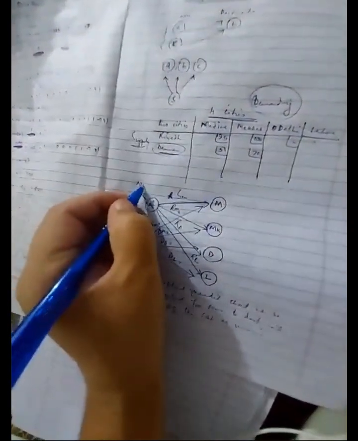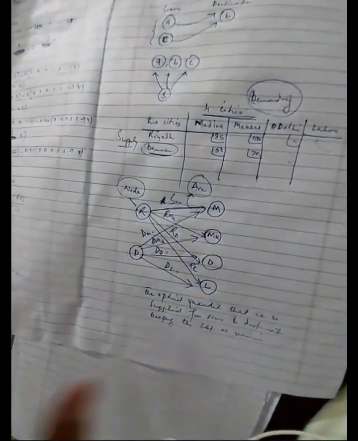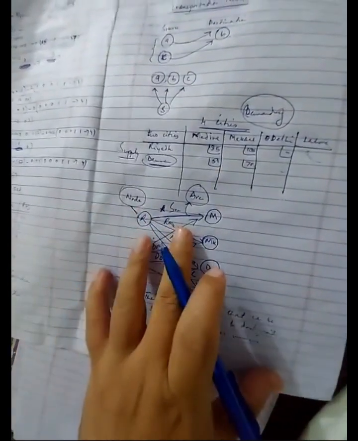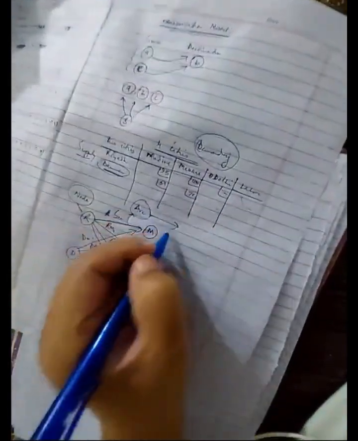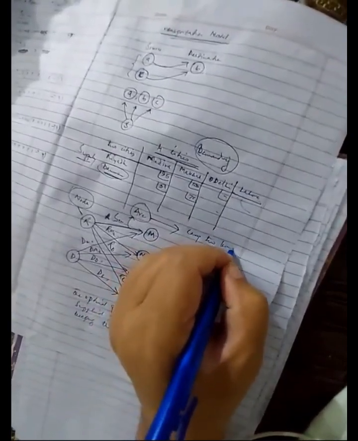Okay. Now here you must know that this is node and this is arc. I hope you know the nodes and the arcs. And these arcs carry actually two kinds of information.